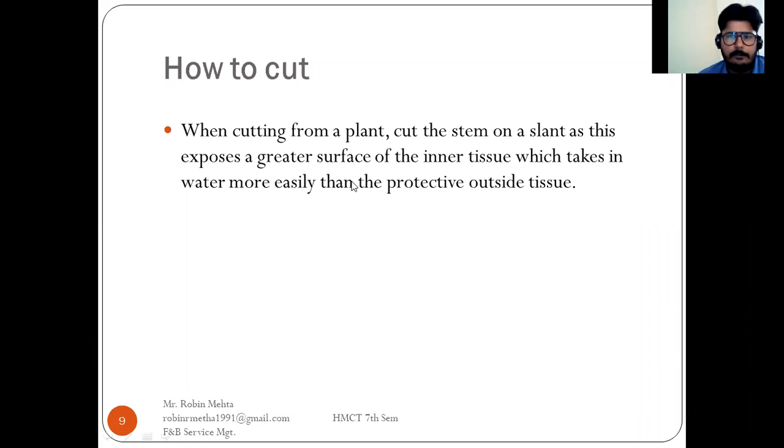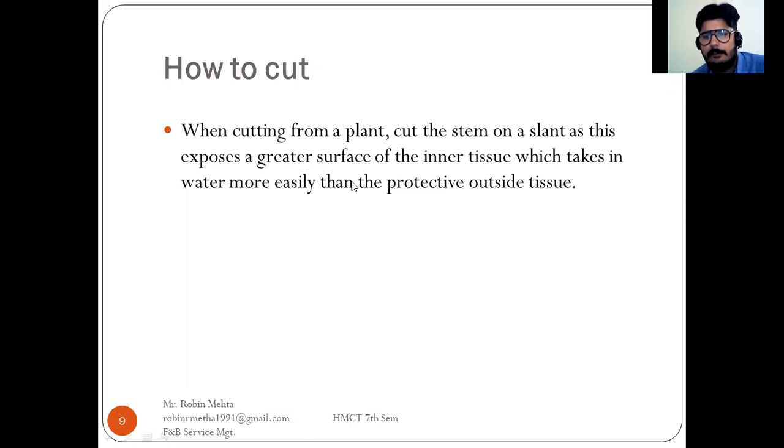Whenever we are cutting plants from the garden, or taking them from the market, first of all we have to keep in mind that we just have to give the slant cut, because it gives more surface area to the tissues of the inner stem. We have tissues in the human body, and plants also have tissues, so it helps to improve their shelf life, prolonging their life.